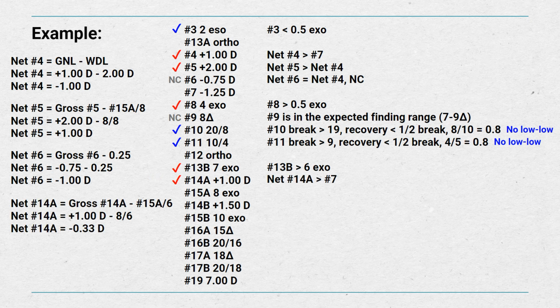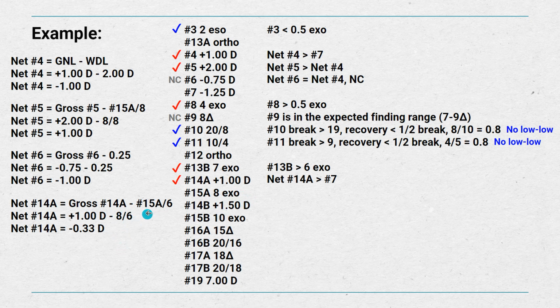And then for number 14a, again, you will look for the net number 14a, which is equal to gross number 14a minus number 15a over 6. Simply substitute the 14a, plus 1. The 15a is 8XO.